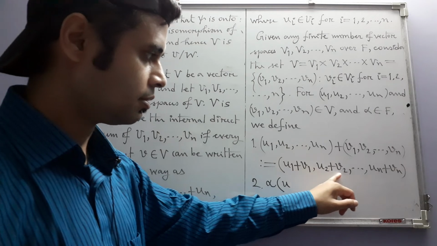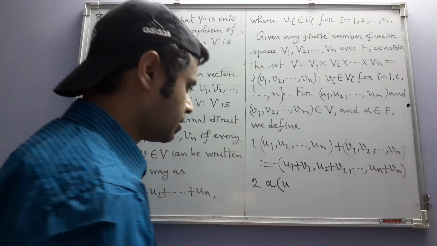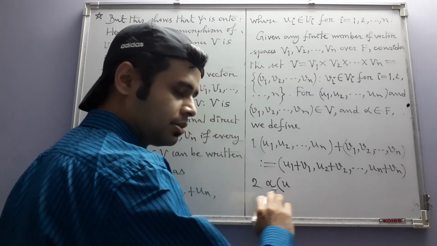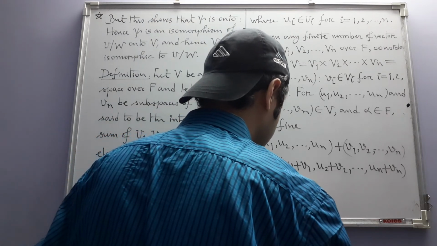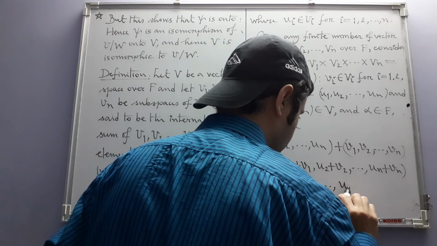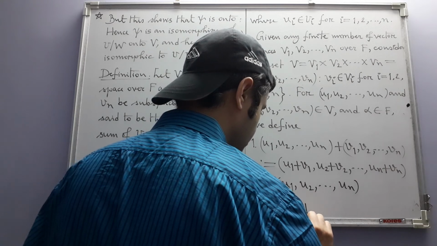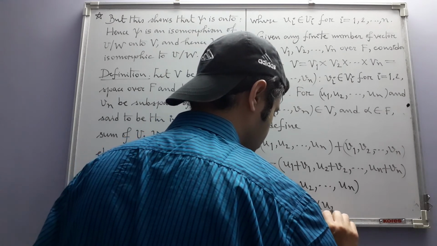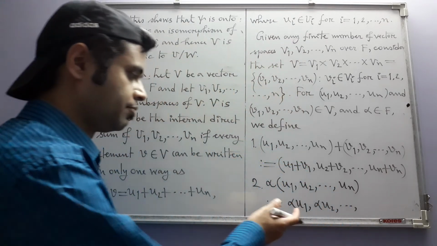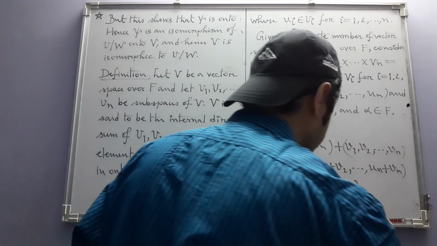Although we are denoting all of them by plus, they may be very different from one another. The same thing can be said for this multiplication by scalars. This is defined to be similarly alpha u1, alpha u2. So the meaning of alpha u1 may be very different from the meaning of alpha u2 depending on what u1 and u2 actually are.